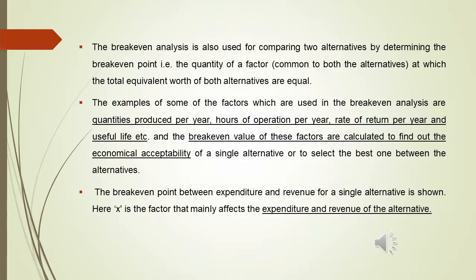The break-even values of these factors are calculated to find out the economic acceptability of a single alternative, or to select the best one. And here the break-even point between expenditure and revenue for a single alternative is shown. That is in the first diagram.